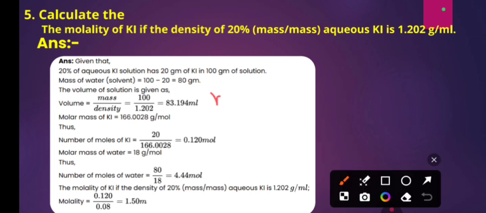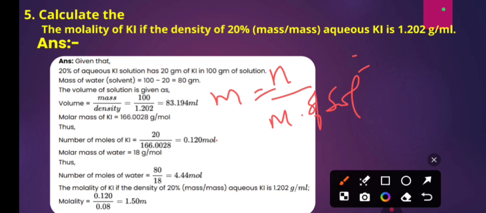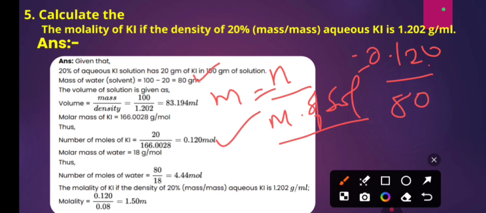So you can see molality is equal to moles by mass of solvent. Moles we have solved, it is 0.120. Okay, this is the moles of what? Solute. And mass of solvent is 80 gram. So 0.120 divided by 80 into 1000 you have to do.